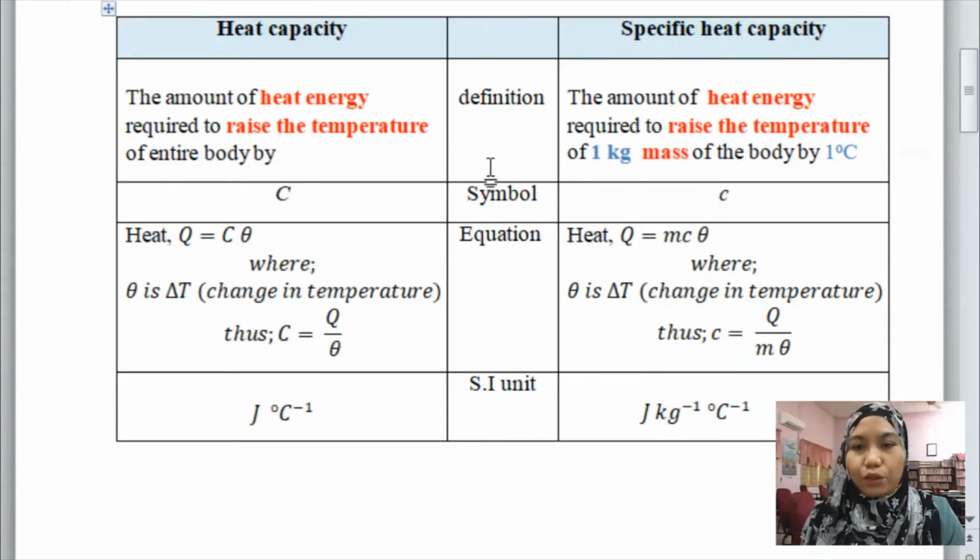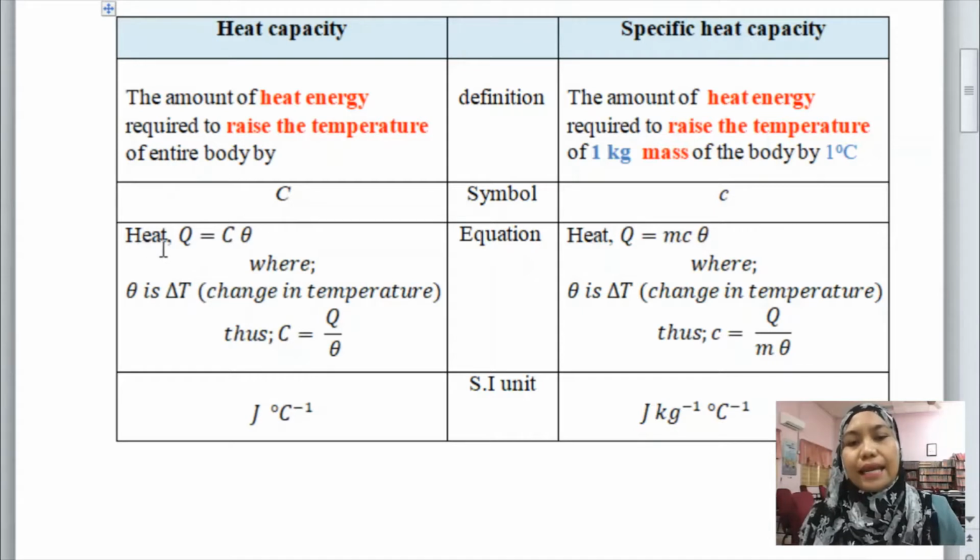How do we define these two? To make it easier to remember and differentiate between them, I suggest you refer to their equations.